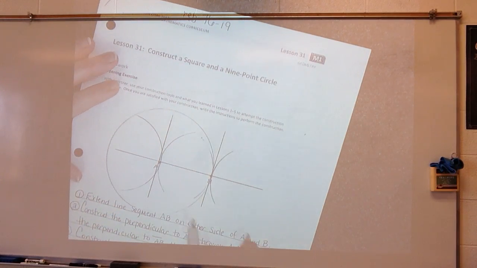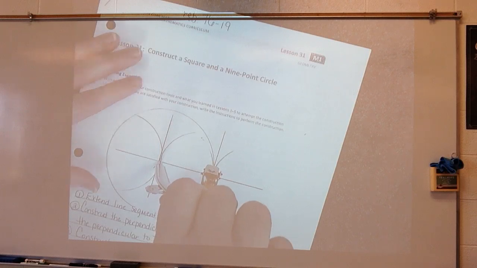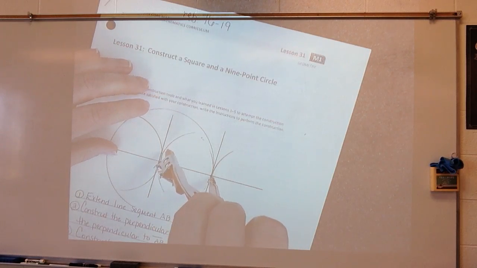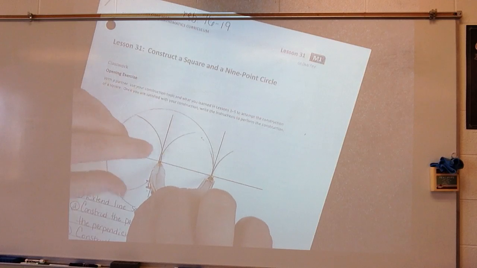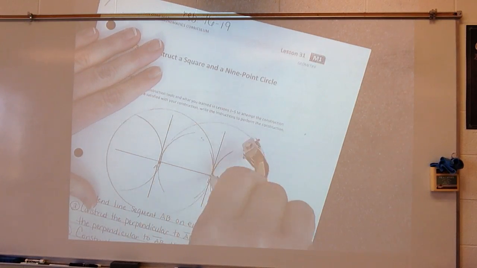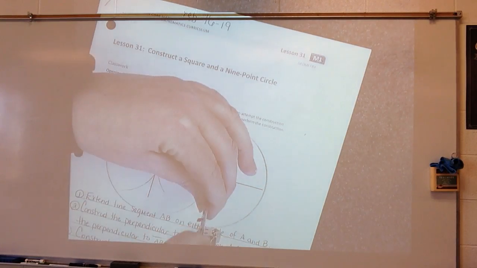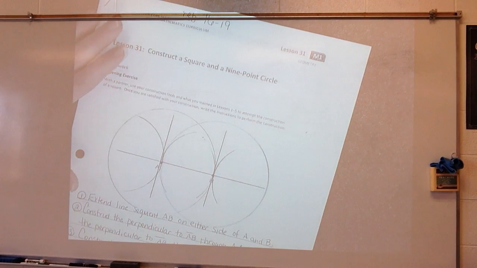And then I'm going to do circle B with radius AB. So I'm going to construct a second circle. So there I have my 2 circles.